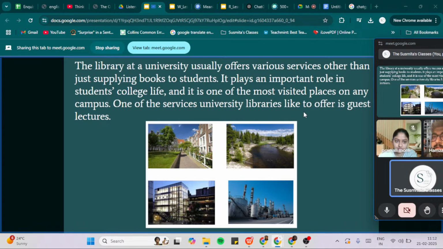Now this is an important part of your college life, because whenever we need any kind of resources to do an assignment, any kind of research that we have to do, we usually go to the library to get the resources, correct? So that makes it the most visited place on the campus. Now, along with all the services that the university library offers, guest lecture is also one of the features of it, which you guys might know, correct?